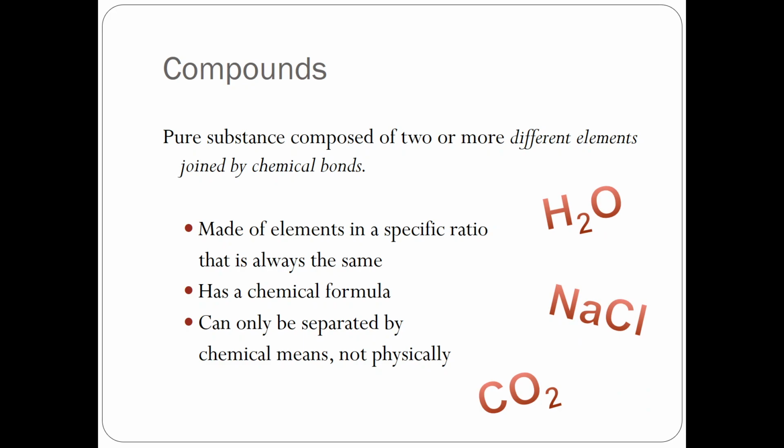Compounds are pure substances composed of 2 or more different elements joined by chemical bonds, made up of elements in a specific ratio that's always the same. So every molecule or compound of water is 2 hydrogen for every 1 oxygen. It has a chemical formula.